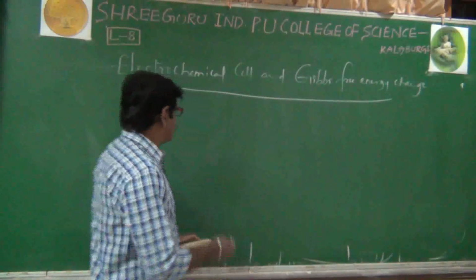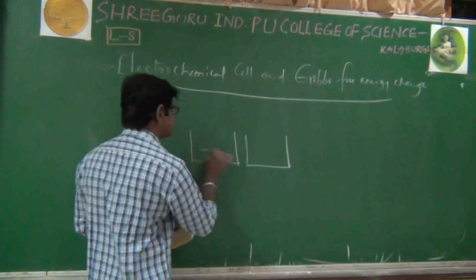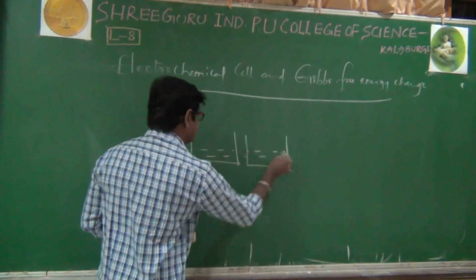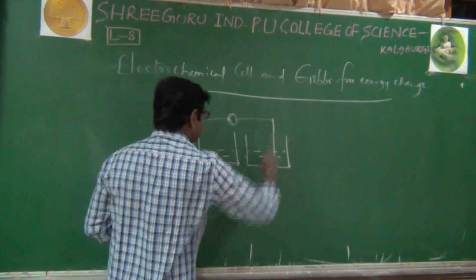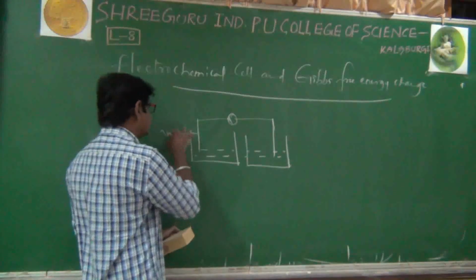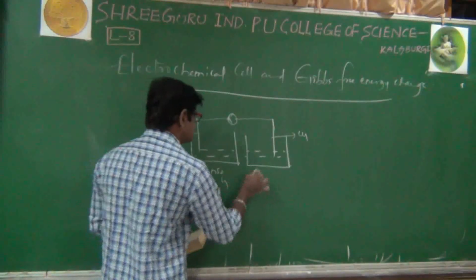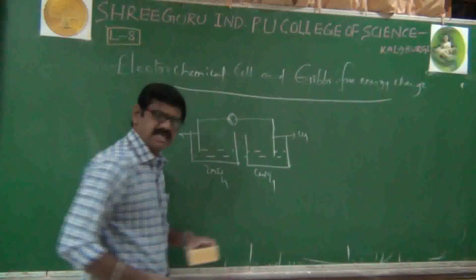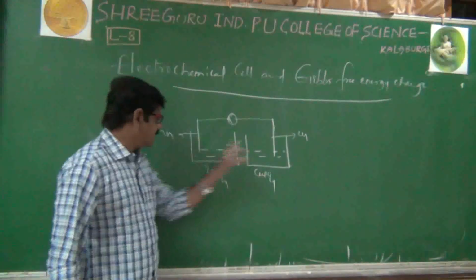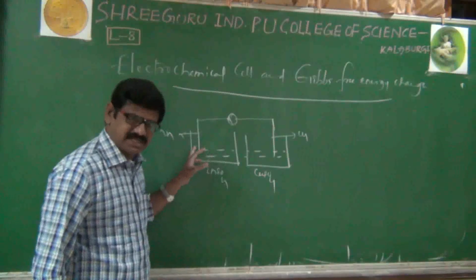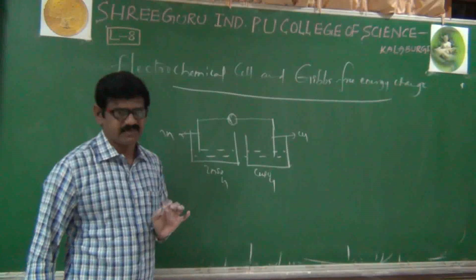Very simple. Again, we'll recall our Daniell cell. We'll just recall the Daniell cell construction and working. Of course, the zinc rod is there, the copper rod is there, ZnSO4 is there, as well as copper sulfate is there. That's it. Now here, what happens at the electrodes, if you observe, at one place oxidation is taking place, at one place reduction is taking place spontaneously.